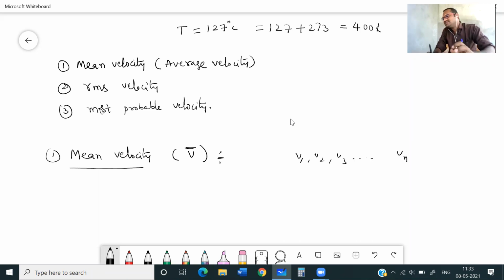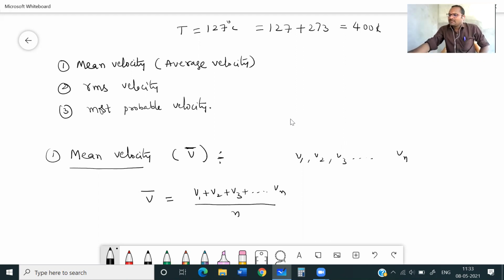The average of all these is V1 plus V2 plus V3 plus and so on, Vn, upon n. This gives you V average, average velocity. So it is nothing but the arithmetic mean of the velocity of all gas molecules.